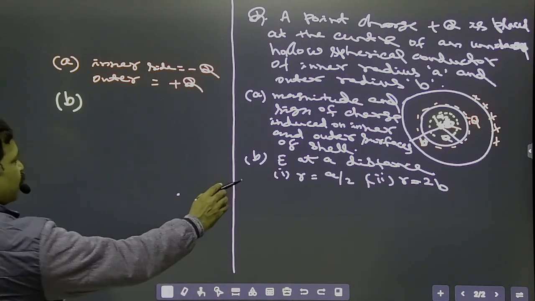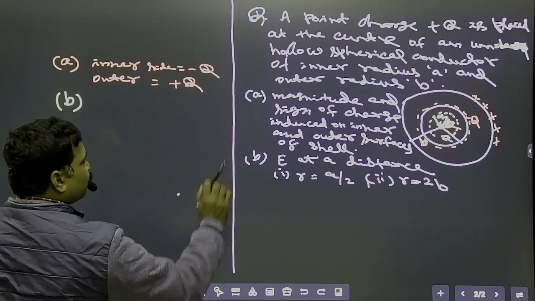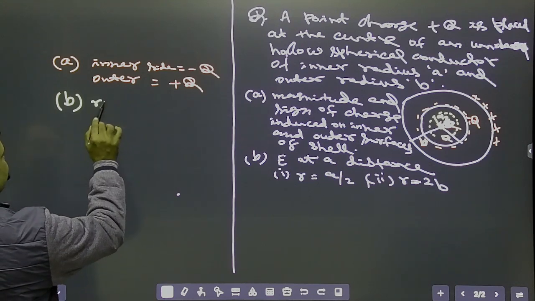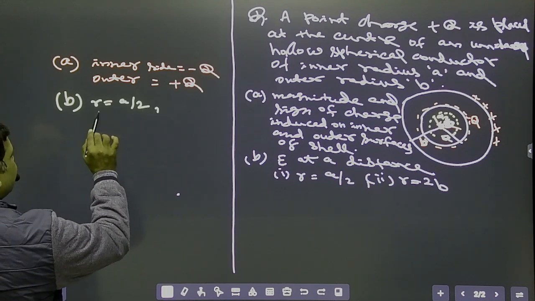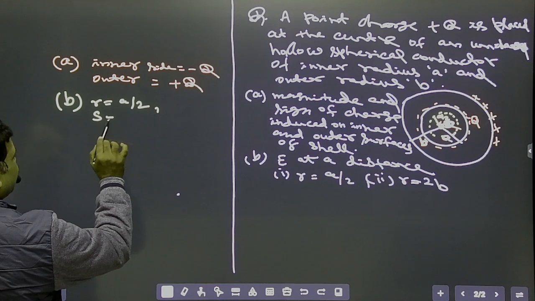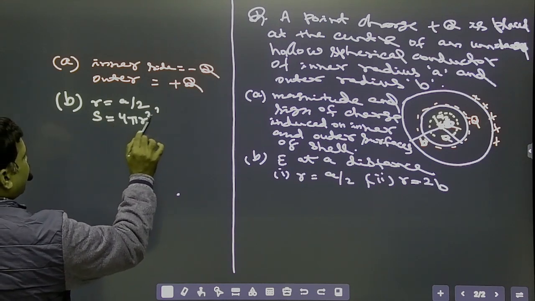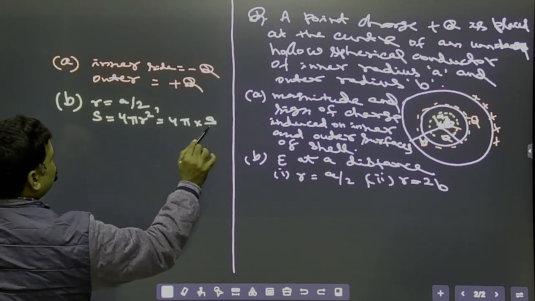Now we'll apply this theorem to solve the first part of B. The radius we have considered as A by 2. The surface area, being spherical, is 4 pi r square, which is 4 pi times A by 2 whole square.